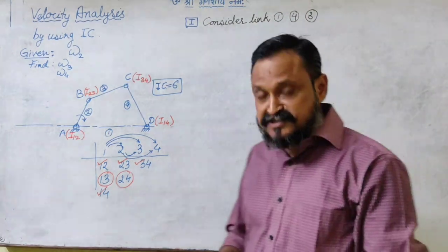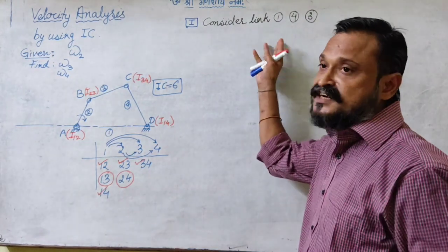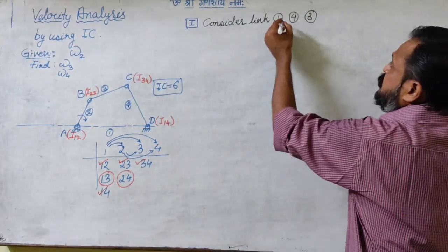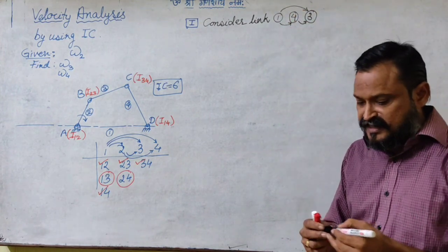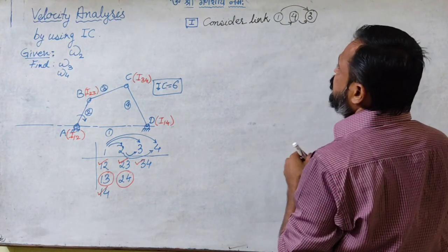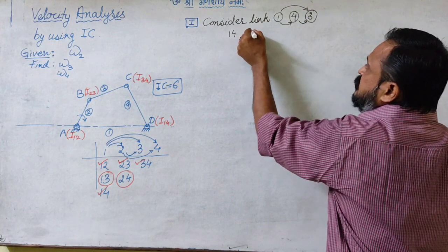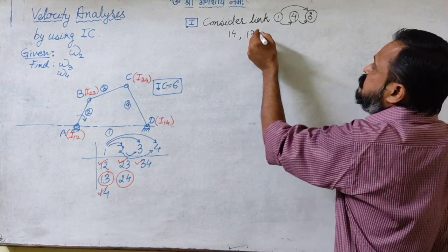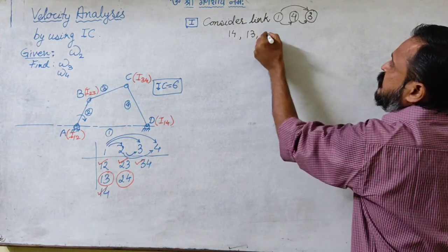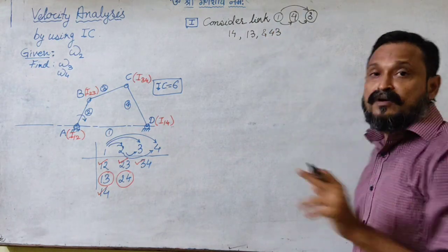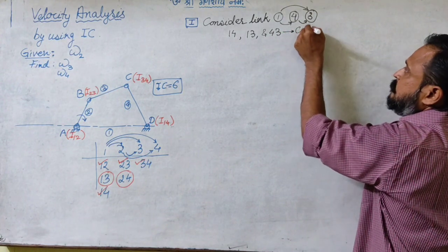When we consider links 1, 4 and 3, we get 3 instantaneous centers from the pairing between 1 and 4, 1 and 3, and 4 and 3. So the instantaneous centers here are I14, I13 and I43, and according to the theorem, these 3 will be collinear.